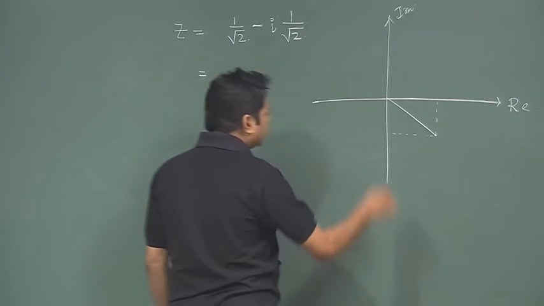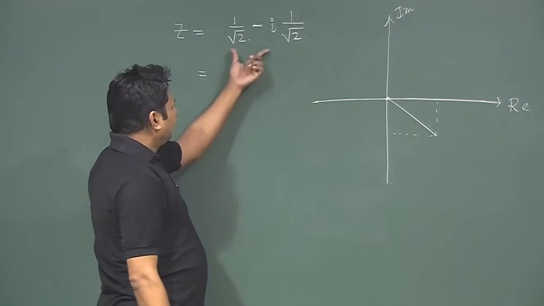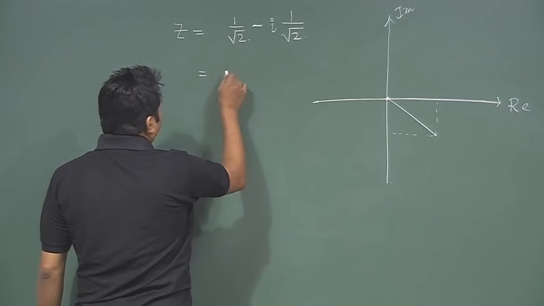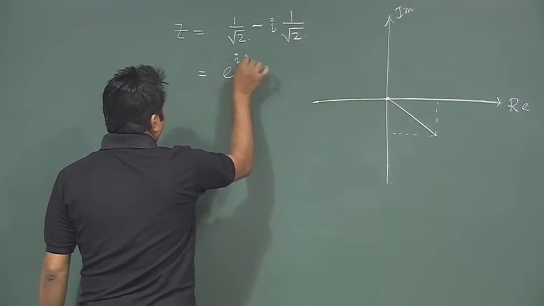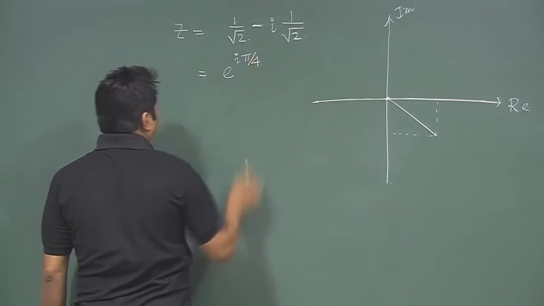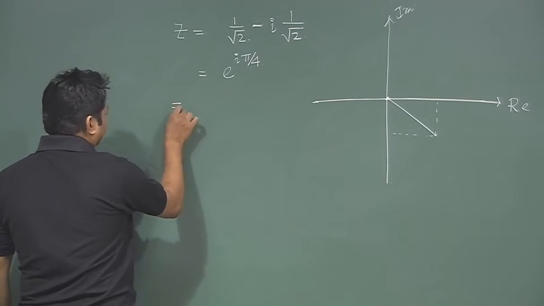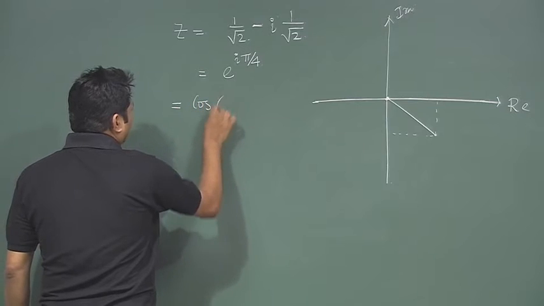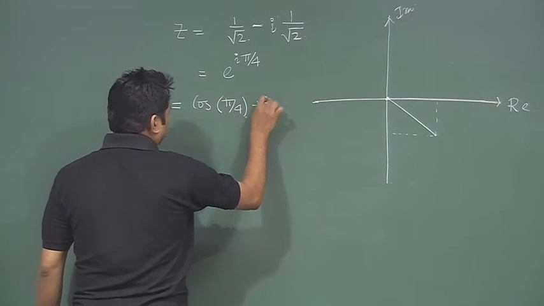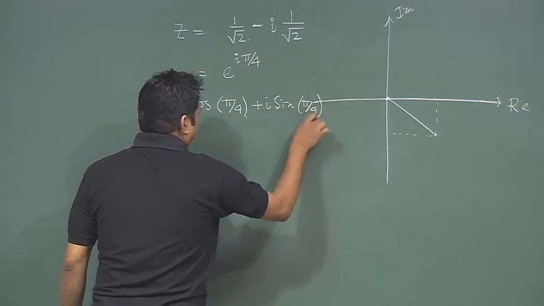So, what theta will I put here? The question is what theta will I put here? Because if I write this, it will be just e to the power i pi by 4, because pi by 4 is 45 degrees. So, it is cos pi by 4 plus i sin pi by 4.